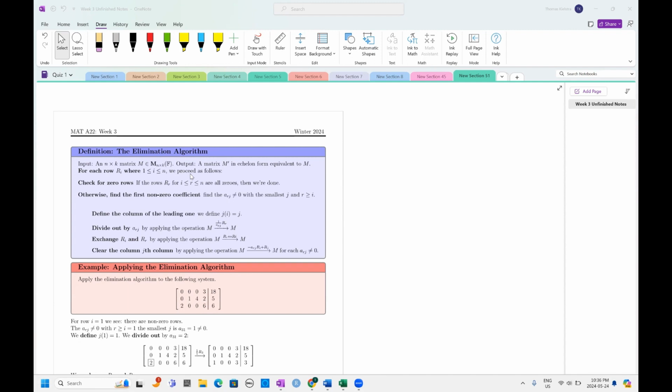Now, with the elimination algorithm, there are 3 main steps that we do repeatedly. First, locate the pivot and make it 1.